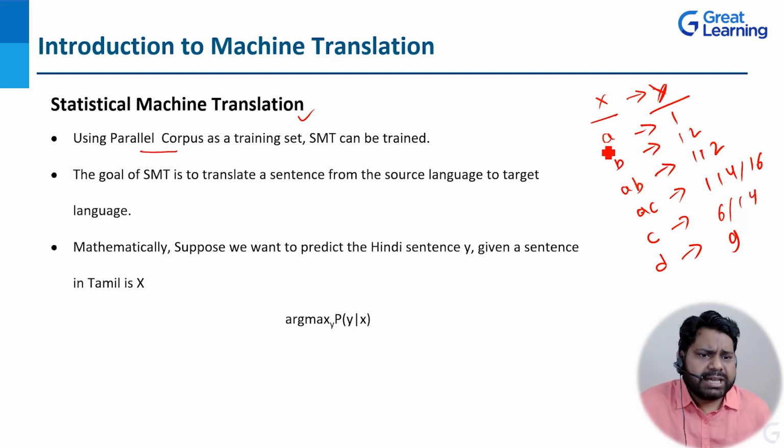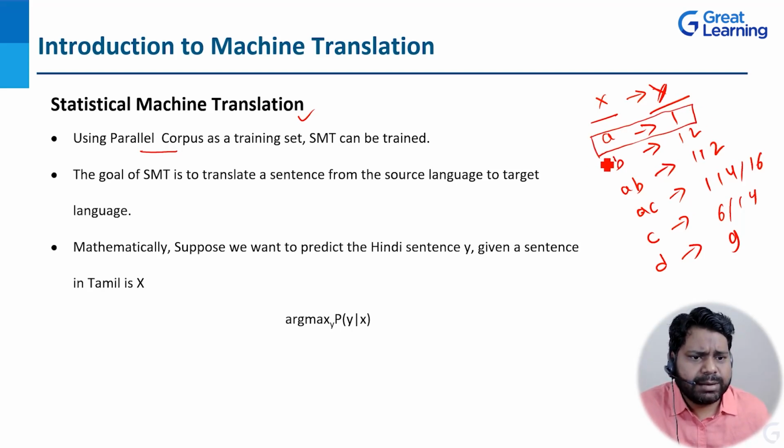For each corresponding data point in X, there will be a value for Y. So it will translate in such a way that for X, what is the data point, and the corresponding data point present in Y. This way it will train the model.